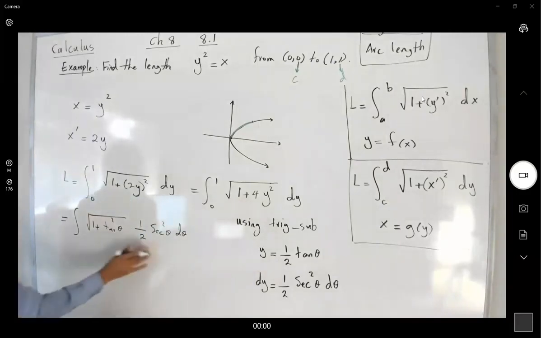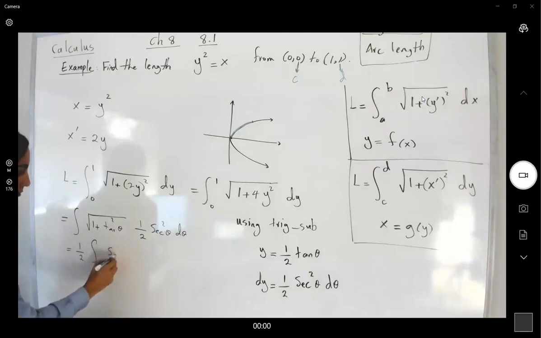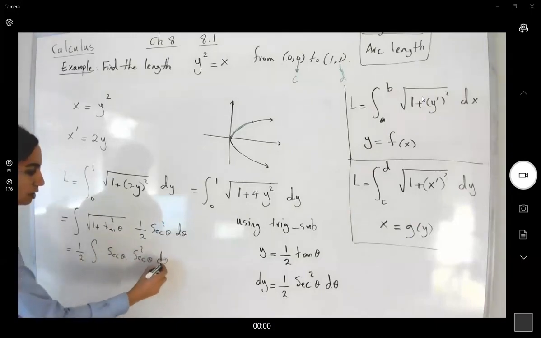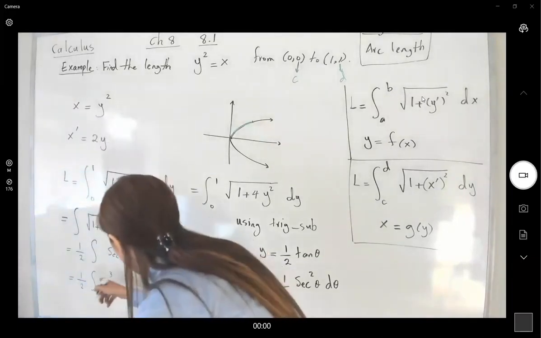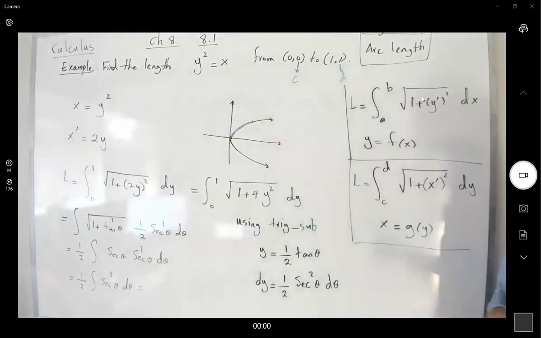This gives, you can bring a half in front of the integral, secant theta times secant squared theta d theta, which gives you a half integral of secant cubed theta d theta, which is equal to a fourth secant theta, or if we use boundaries.